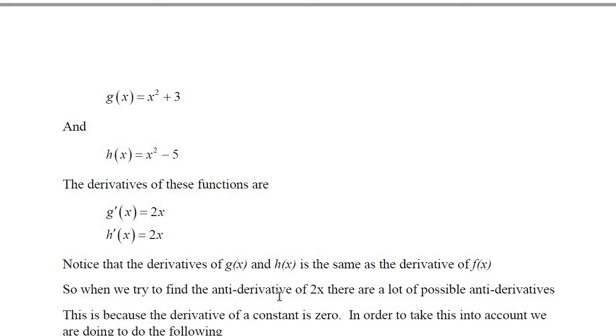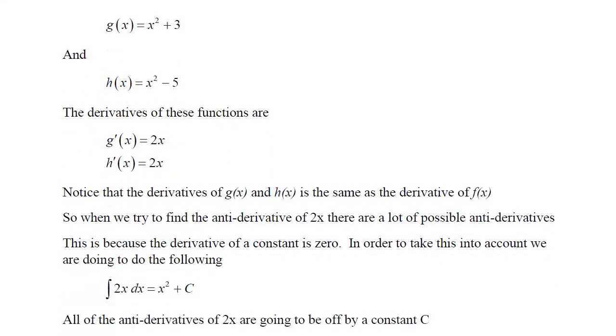So these two functions have the same derivative as f of x. When we try to find the antiderivative of 2x, we have a lot of possible antiderivatives, and the reason is that the derivative of a constant gives us 0. To take that into account, the antiderivative of 2x dx is going to equal x squared plus some constant.